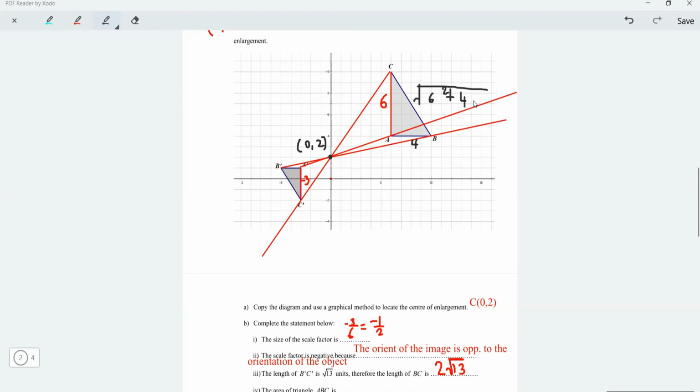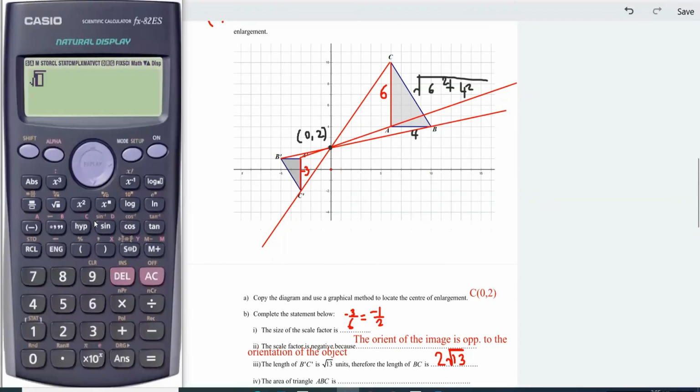Let's say you prefer to do it that way. Well, fine. You put that in a calculator, 6 squared plus 4 squared, and what we get is 2 root 13, just the same.